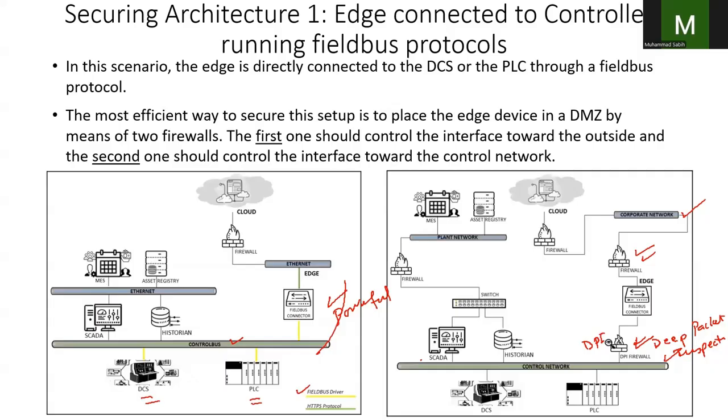In this diagram, you can see how both the data flow and the firewall positions are carefully managed. This layered approach ensures that even if the edge device is compromised, the critical control system remains protected because we have a DPI installed here.